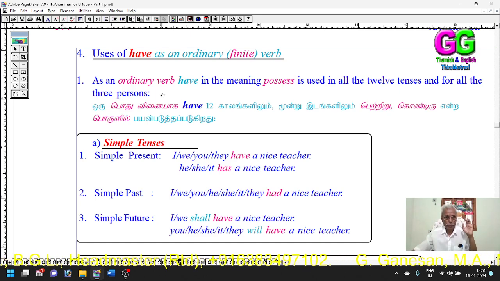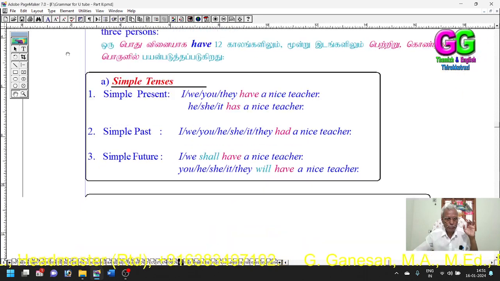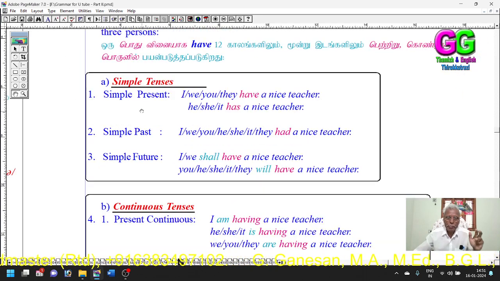It can be used in the simple tenses: simple present, simple past, and simple future. In the simple present, it is has for he, she, it, and have for the remaining five. I have a nice teacher. He has a nice teacher.